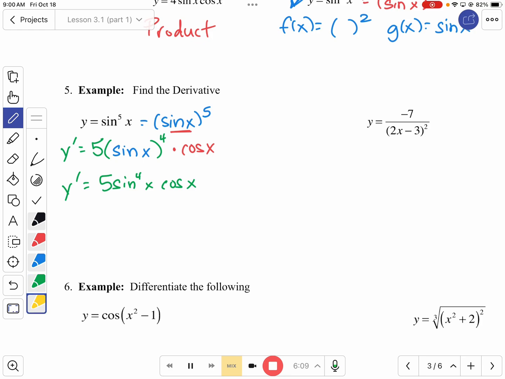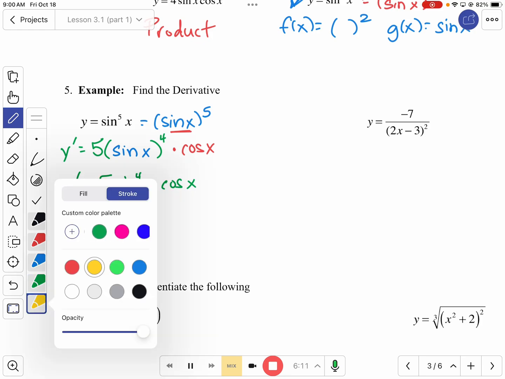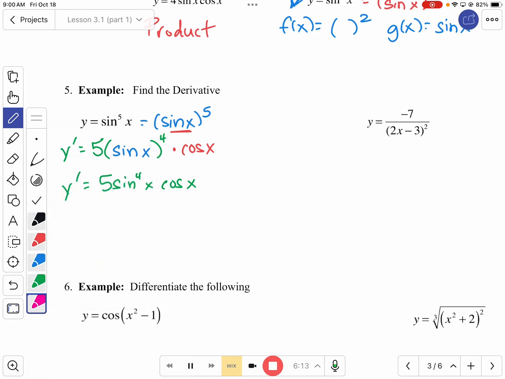I'm going to avoid a quotient at all costs. So how could I fix this so that I no longer have a quotient? I can make the exponent negative. And I highly recommend that. Once you know the chain rule, it's going to simplify a lot of these quotients for us.